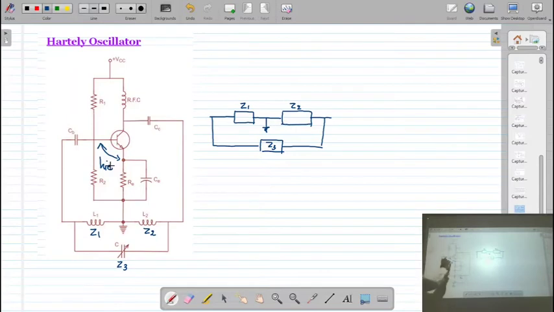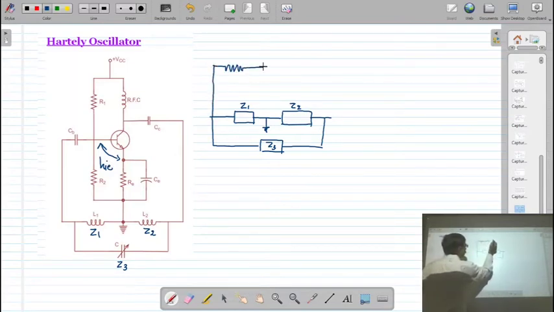So here the input, whatever Z1 is there, Z1 is directly parallel to this input resistance hie. So I can draw this in this way. So this is the hie of the transistor.